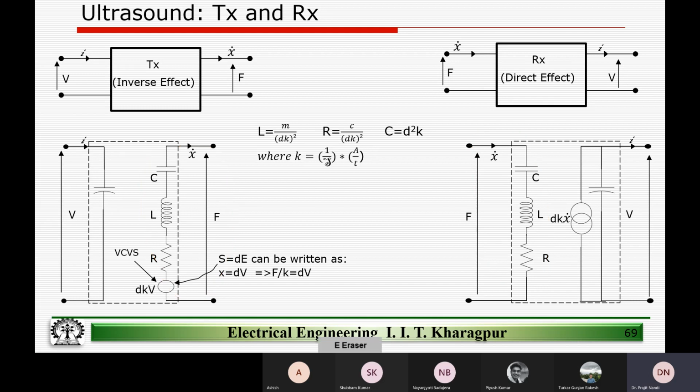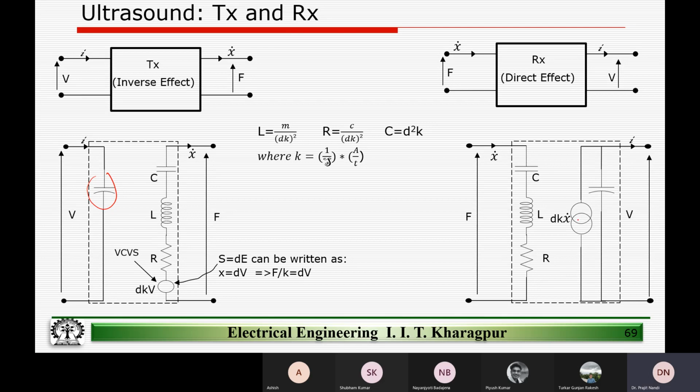There is only one change: because this was a transmitter, we had a voltage controlled voltage source, which was dependent on the electrical signal that we apply on the input terminal. Here on the output side, what will this be, guys? This we have discussed.